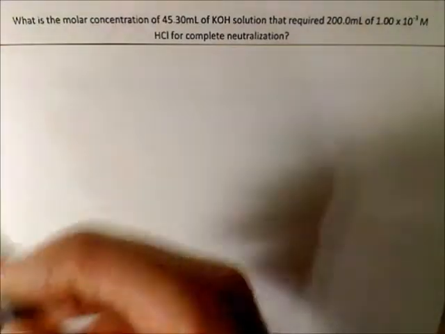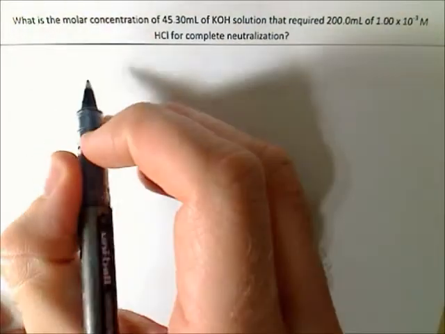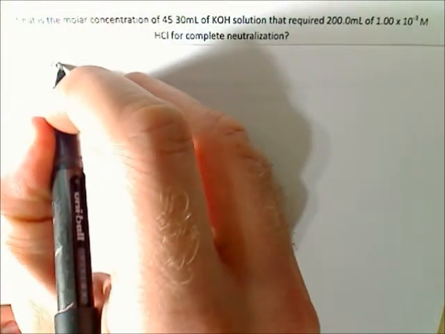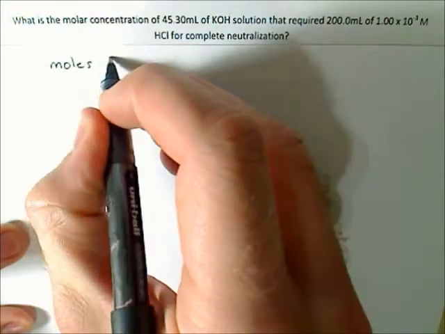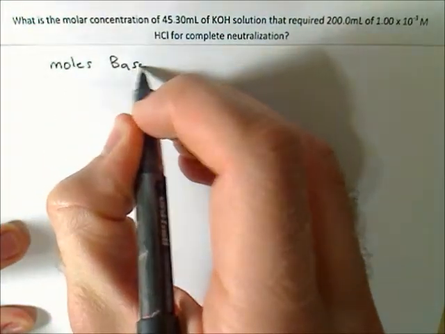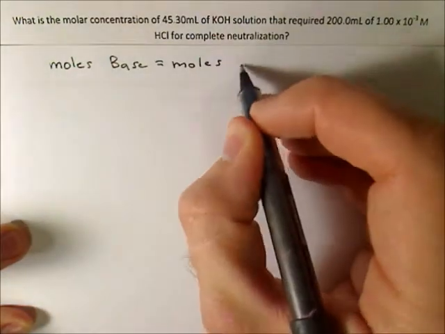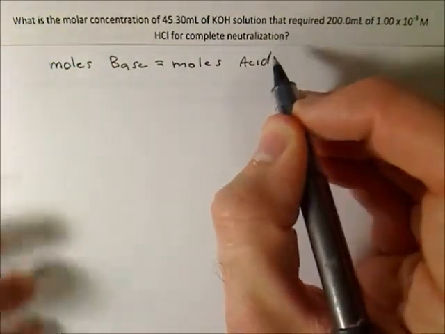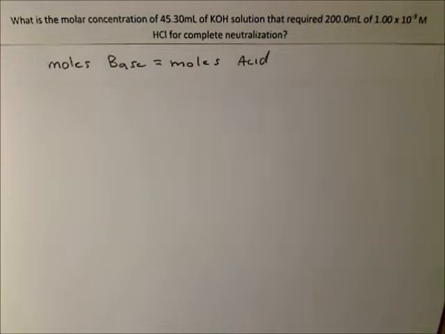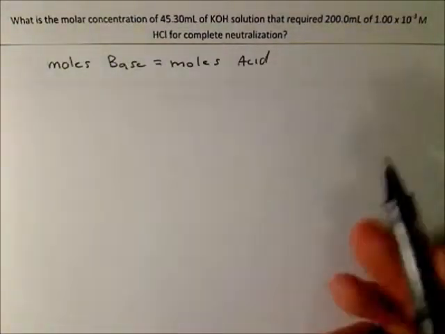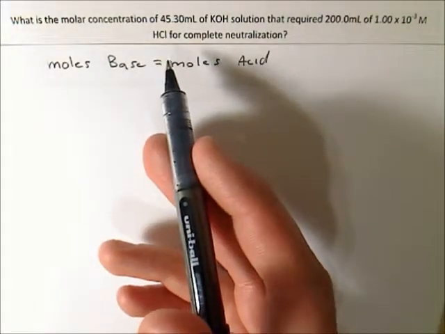So in all of these reactions, we know that the moles of base equals the moles of acid in order for something to be titrated or neutralized. So let's figure out how many moles of HCl we have.